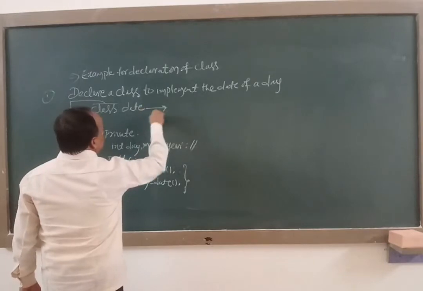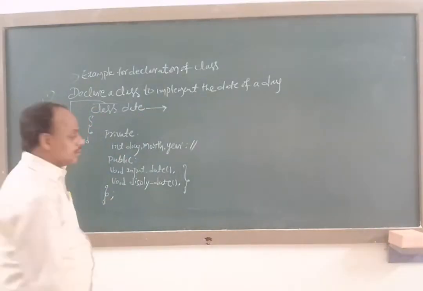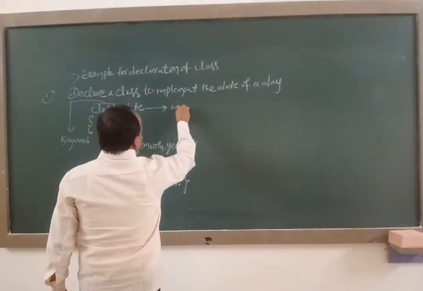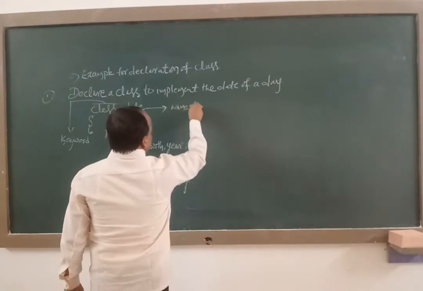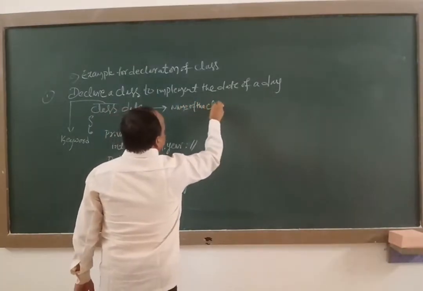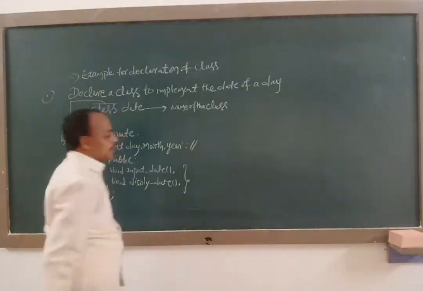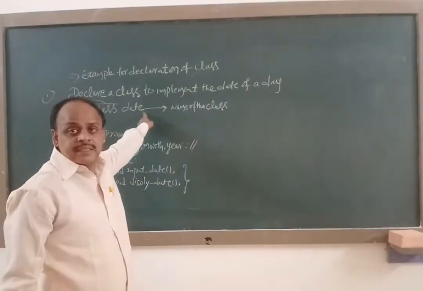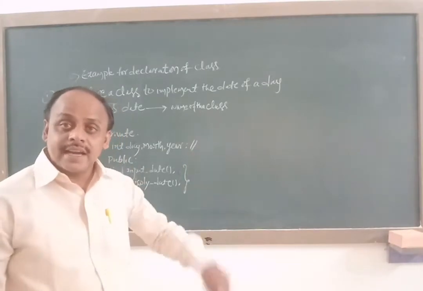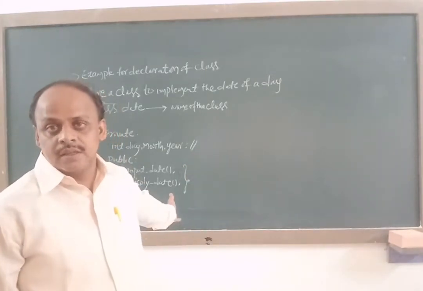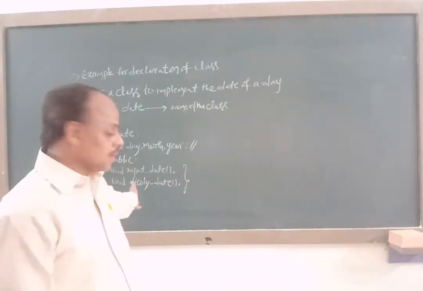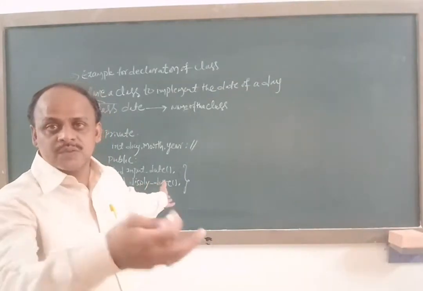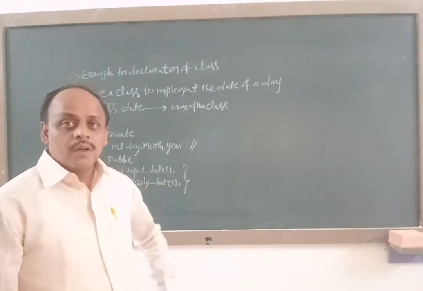Keyword, and this date indicates what? The name of the class, that is, this acts as the data type for the objects. We are not discussing objects right now. In the next class we are going to discuss objects.